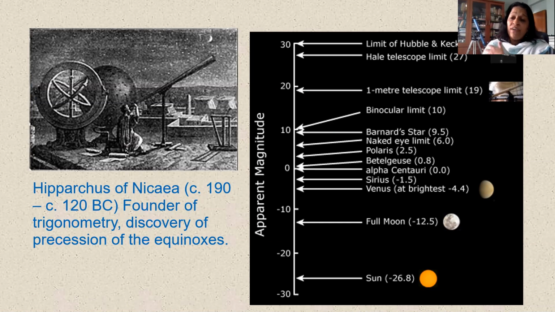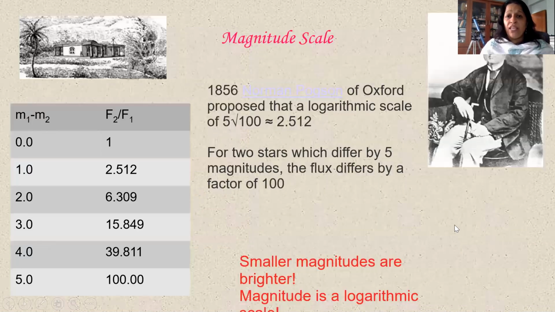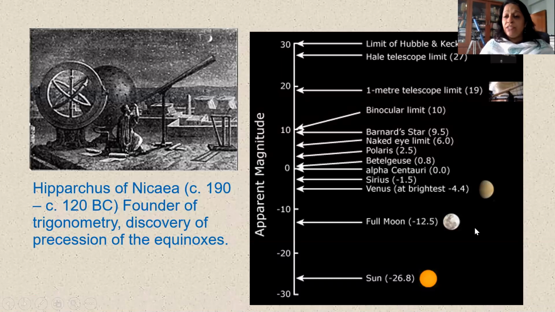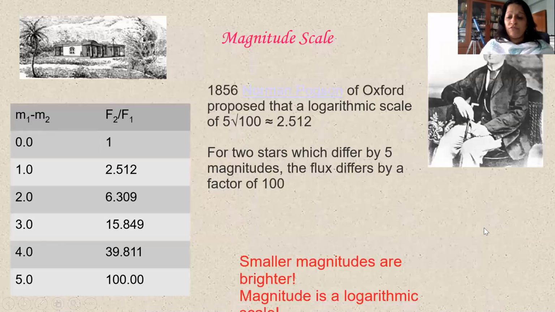That should give you a good idea of how precise Hipparchus was in his measurements. To find the position of the equinox and then to actually measure its precession is not very simple, right?